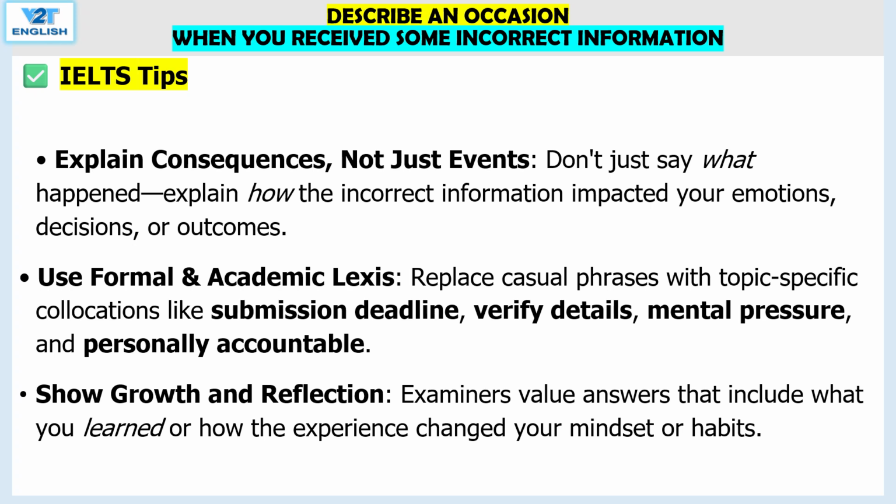Replace casual phrases with topic-specific collocations like submission deadline, verify details, mental pressure, and personally accountable. Show growth and reflection. Examiners value answers that include what you learned or how the experience changed your mindset or habits.